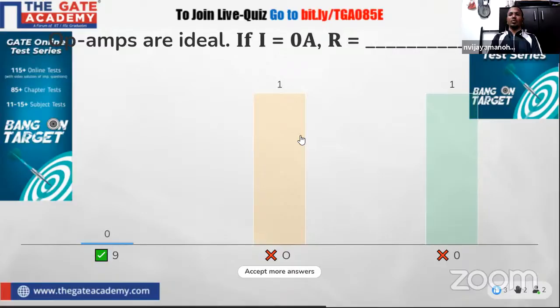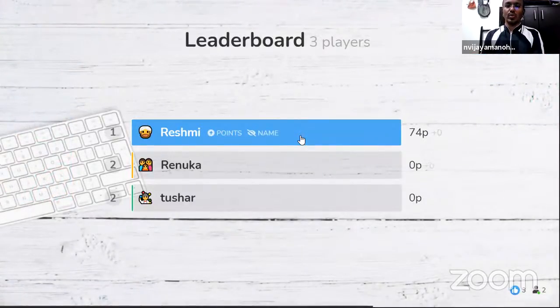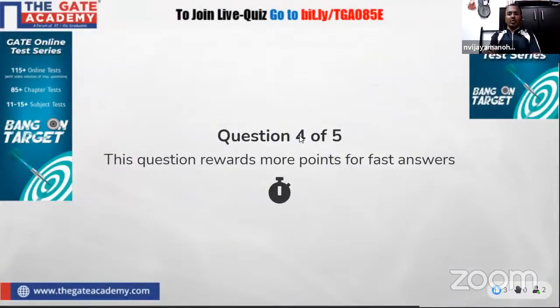R is 9 kilo ohms. Nobody gave the correct answer. Here comes the fourth question.